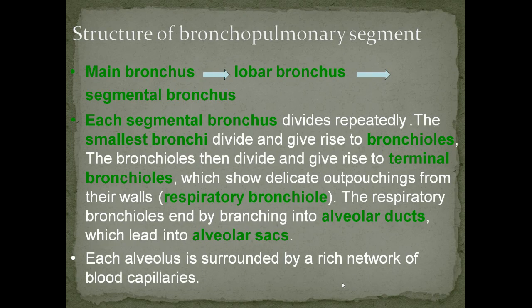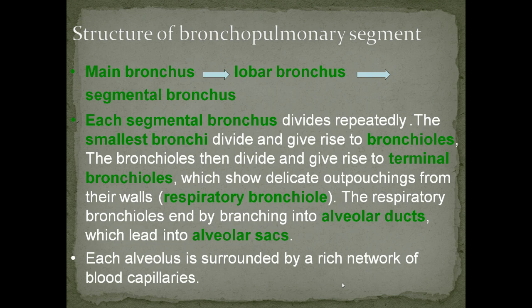Now we'll see the structure of the bronchopulmonary segment. Main bronchus, then it will branch into the lobar bronchus, and again it will branch into the segmental bronchus. Each segmental bronchus divides repeatedly. The smallest bronchi divide and give rise to the bronchioles.